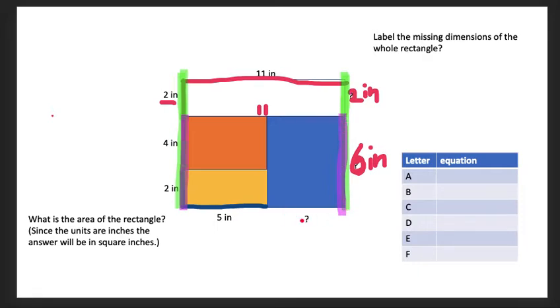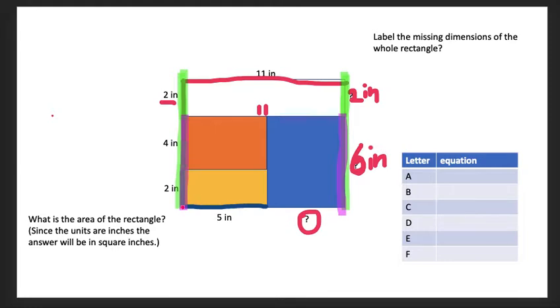Now we have to find the dimension or the missing number, the missing length of this blue side. Pause the video and see what information could help you find out what is this missing length.